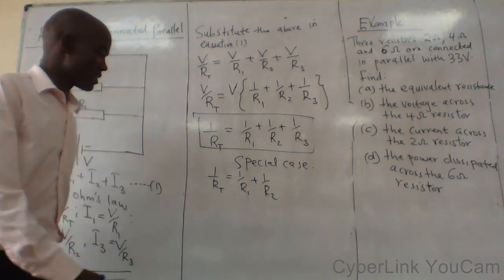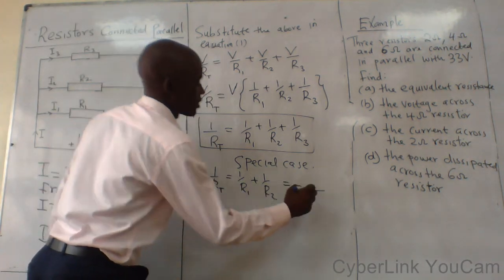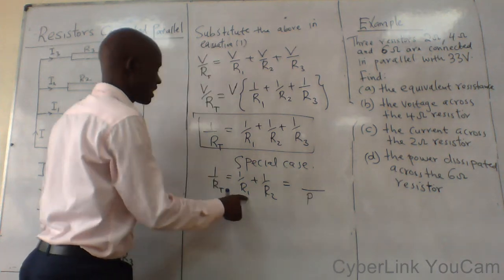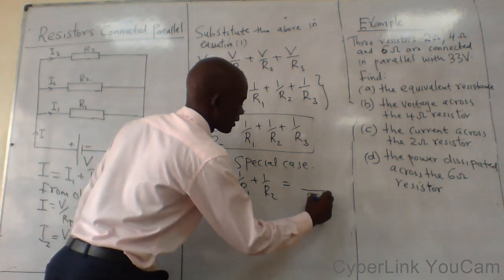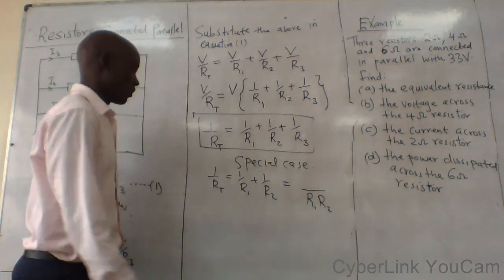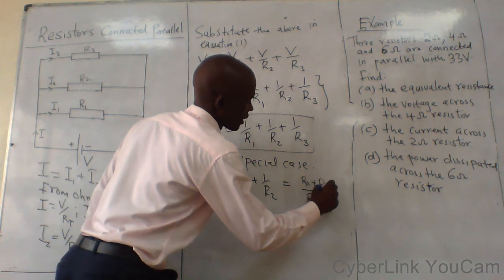If you have this, you will take the reciprocal. If you take the LCM, you will get R1 R2 in the denominator, and in the numerator R2 plus R1.